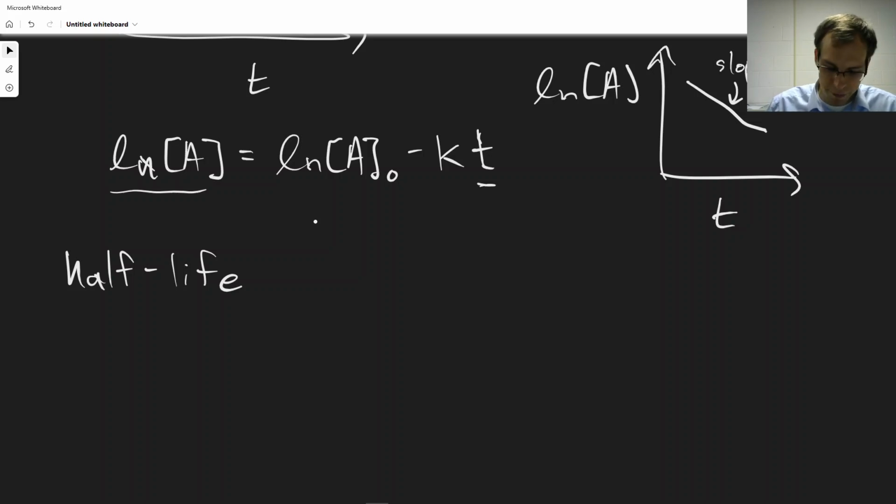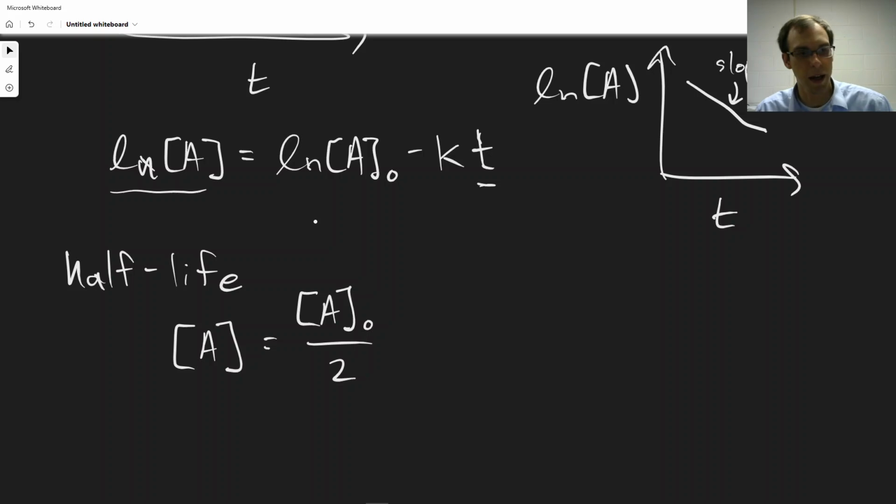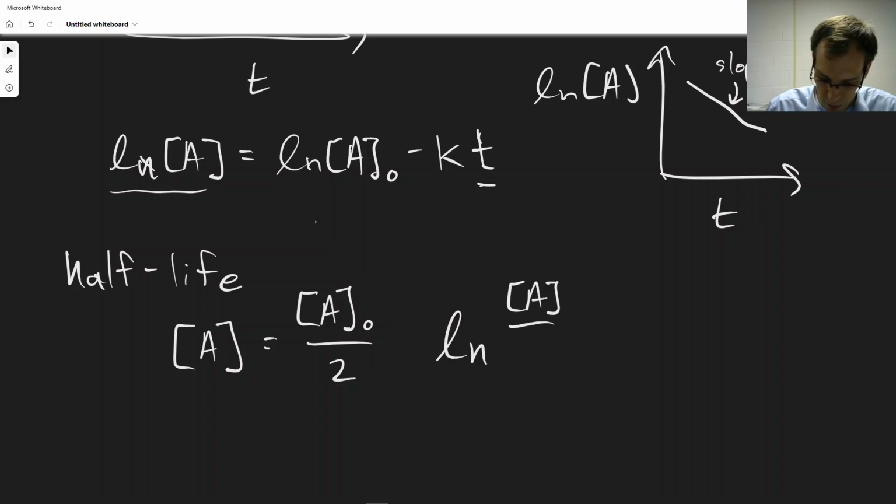A half-life is when your concentration of A, or whatever you're looking at, is equal to half of the initial concentration, A naught over 2. We can substitute that into our equation. The natural log of A over A naught is equal to minus kt.